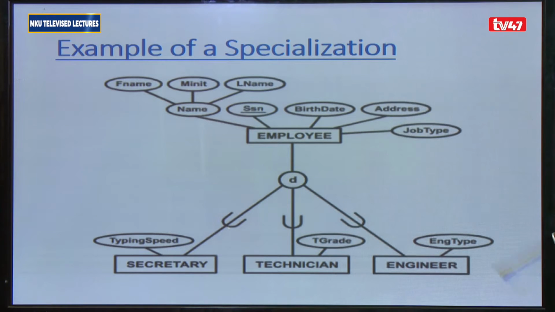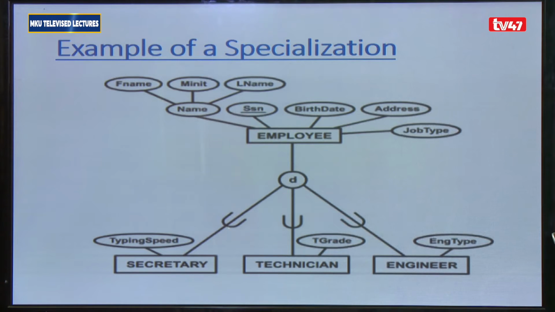But the notation that we are going to use, and that is what is also used in our core textbook, Database Systems by Connolly and Begg, is what we call the Chen, C-H-E-N notation. Now, this is an example of a specialization.